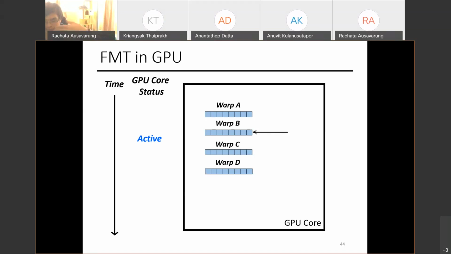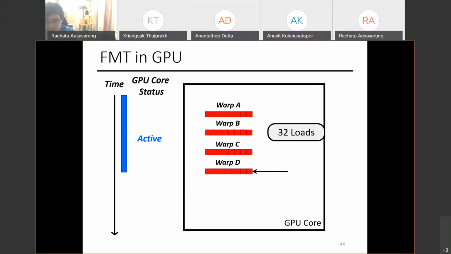So you rotate between each of these warps. Let's say warp A runs into a branch or a load instruction that goes to memory. You still have warps B, C, and D to rotate into and actually execute from. So the GPU core stays active. The only case where the GPU core becomes inactive is when all of them run into something long, such as going to memory or a branch.